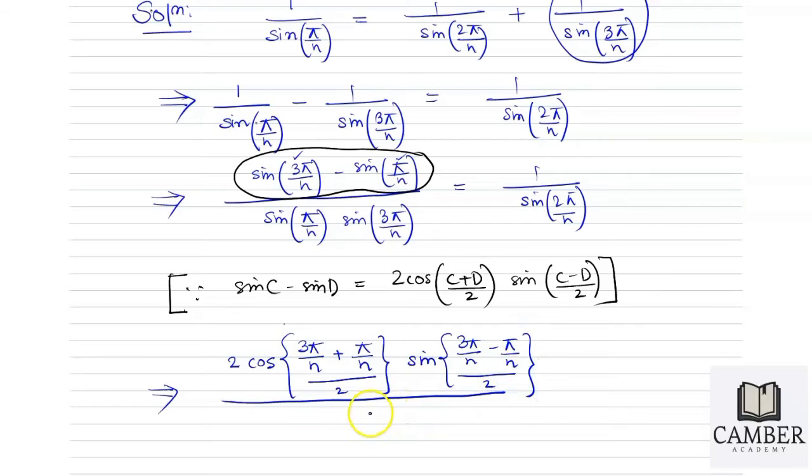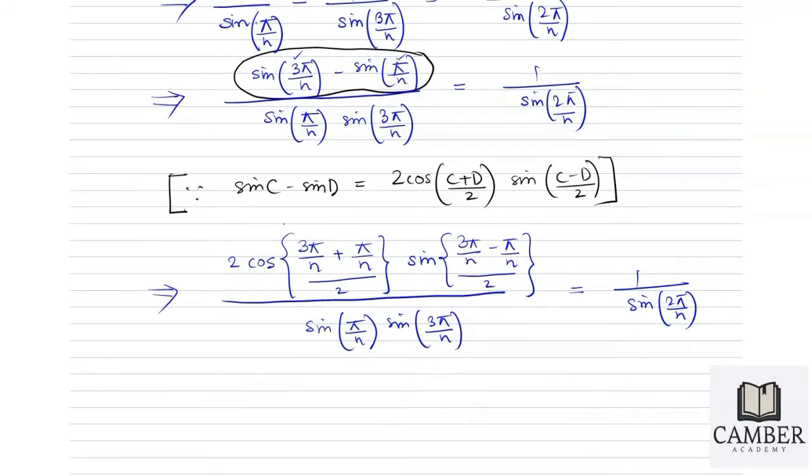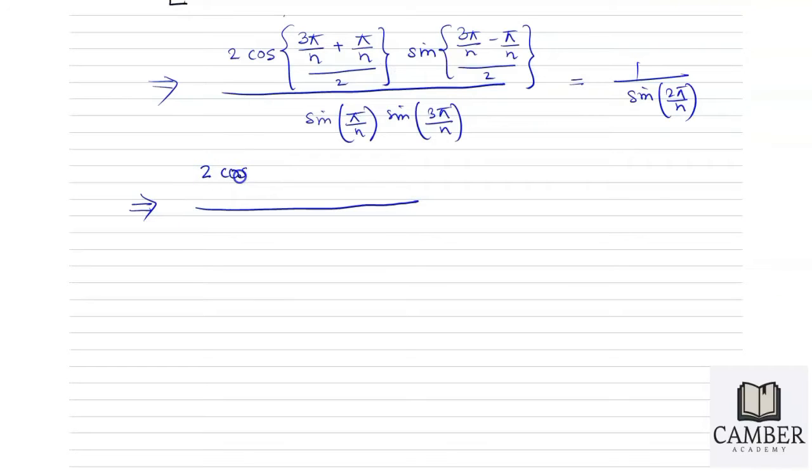And in the denominator we have sine pi by n and sine 3 pi by n, which is equal to 1 by sine 2 pi by n. After that we can solve this further. So we have 2 cos, and here take n as an LCM.